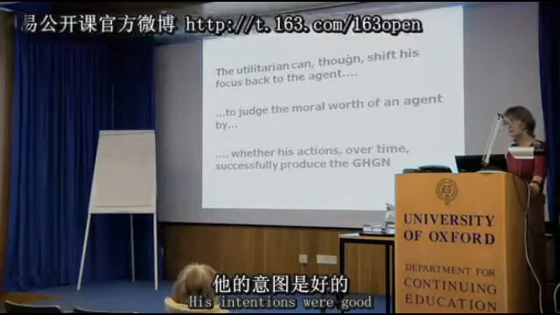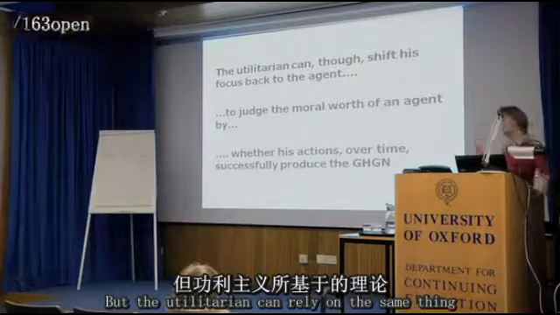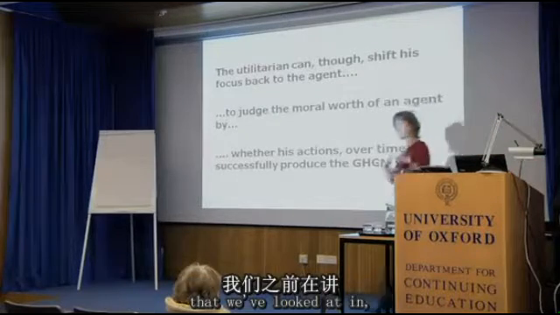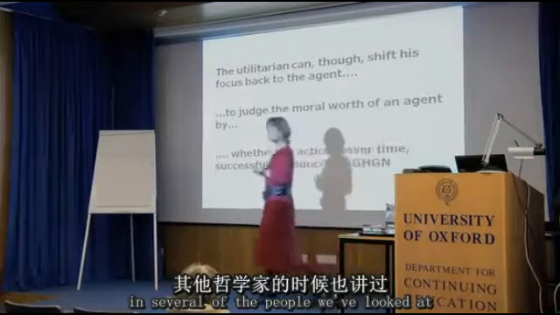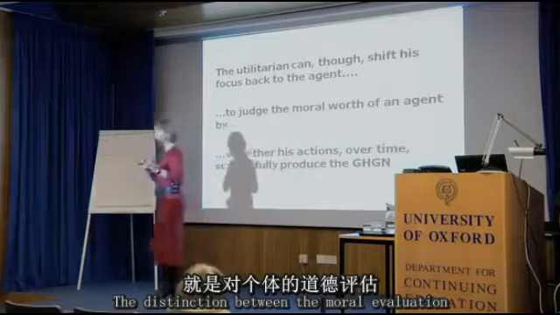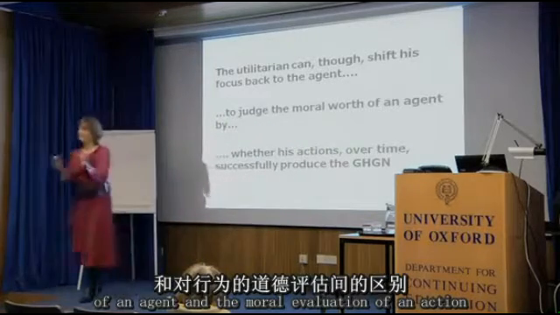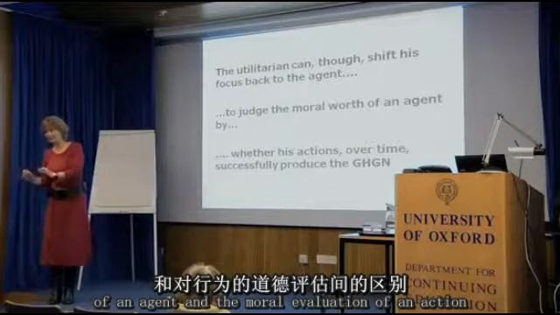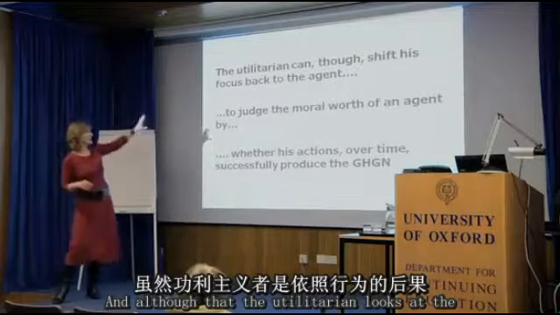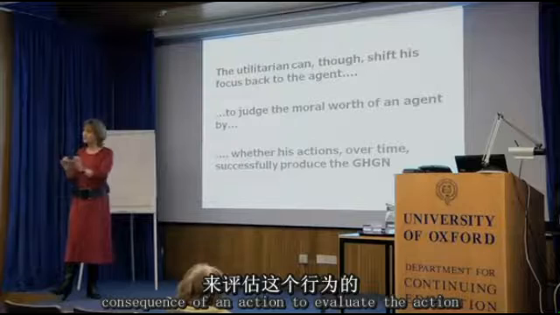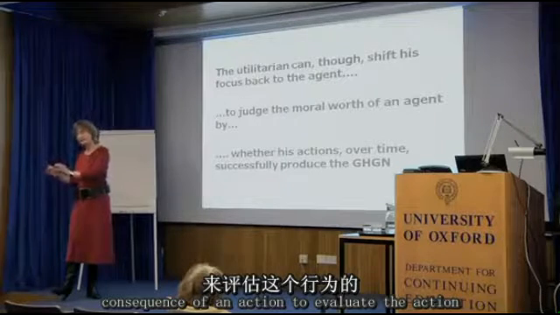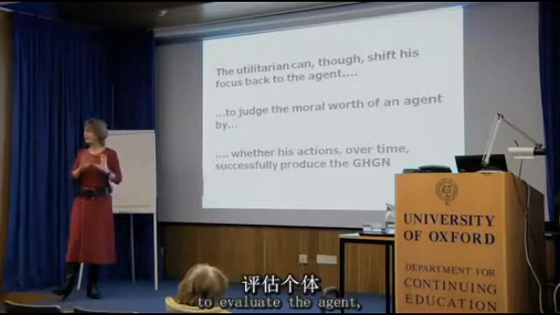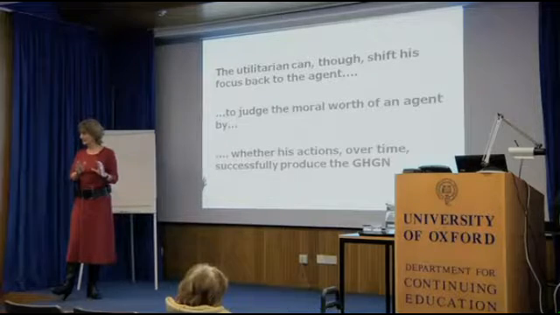His intentions were good. But the utilitarian can rely on the same thing that we've looked at in several of the people we've looked at, the distinction between the moral evaluation of an agent and the moral evaluation of an action. Although the utilitarian looks at the consequences of an action to evaluate the action, he doesn't have to look at that to evaluate the agent, if you see what I mean.